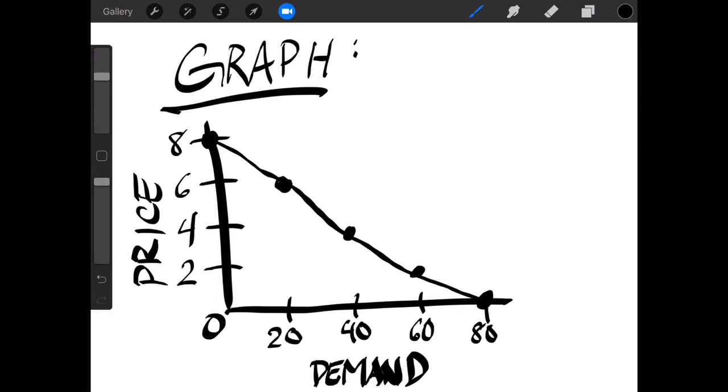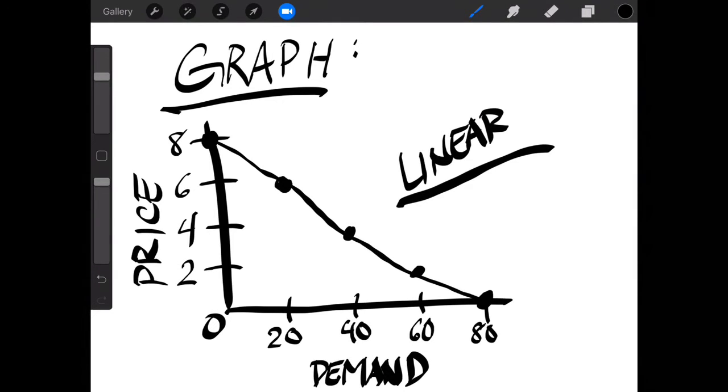Here, we can see that the graph is linear. At a price of 0, we have the demand of 100. For the price of 2, we have the demand of 60. For the price of 4, we have the demand of 40. For the price of 6, we have the demand of 20.